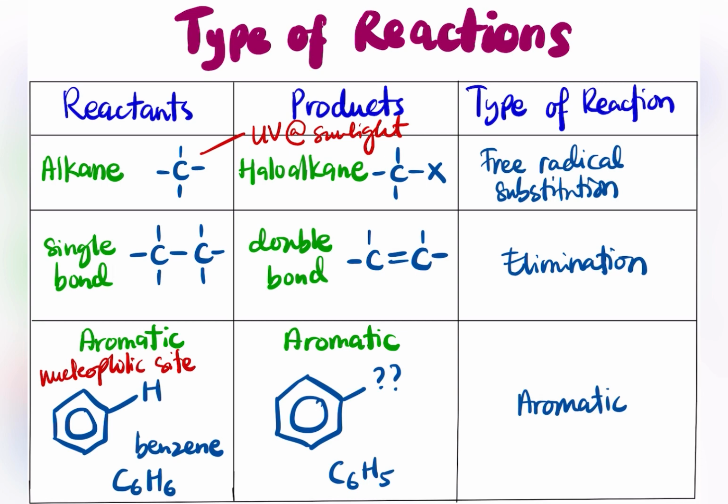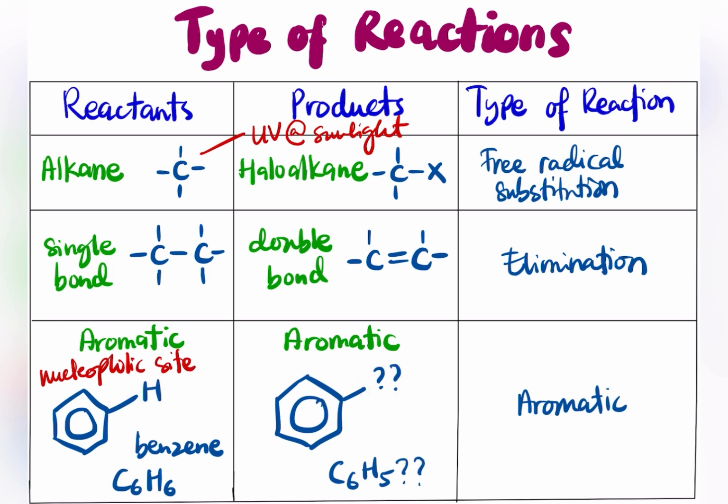So it depends on the question given, but I hope you all understand there will be a change at this position. So the molecular formula will be C6H5, less one hydrogen, and continue with whatever you replace at this position.